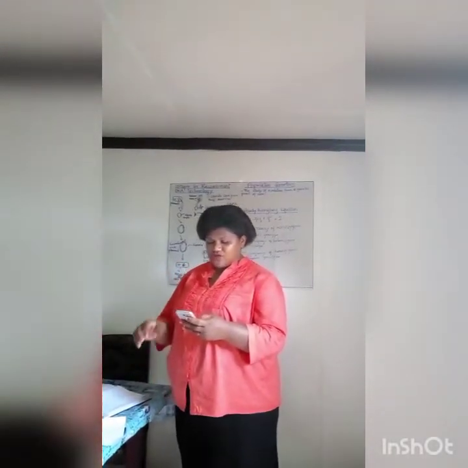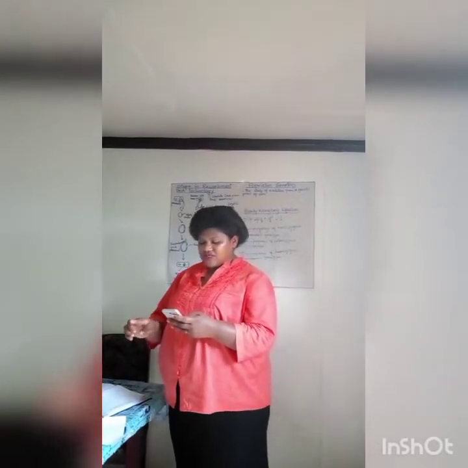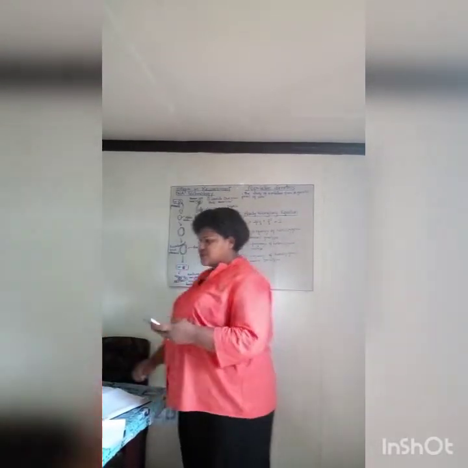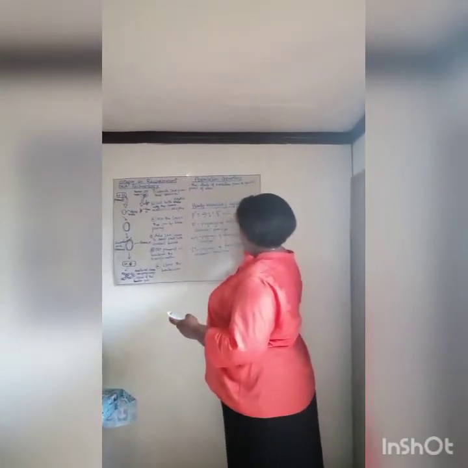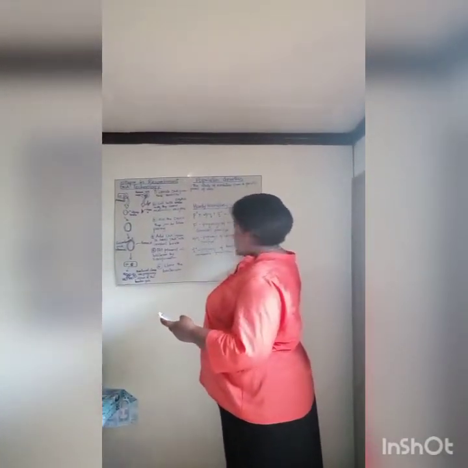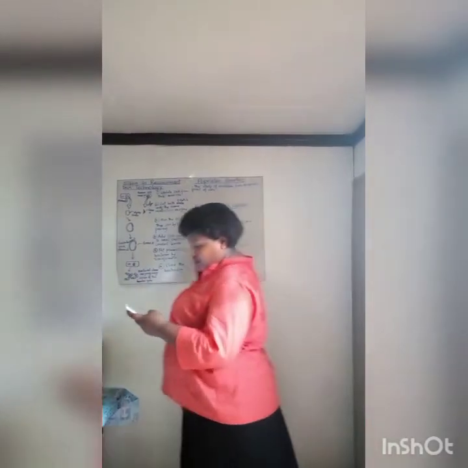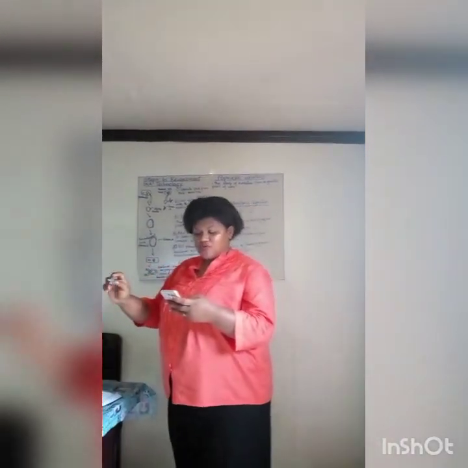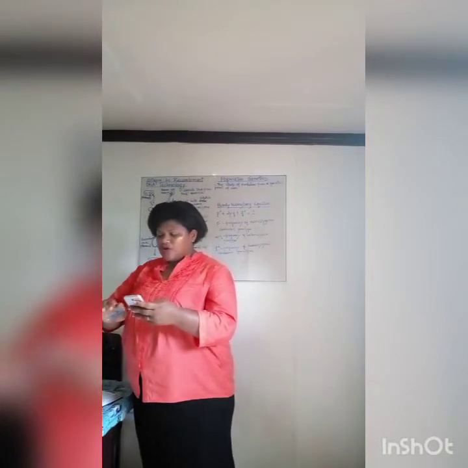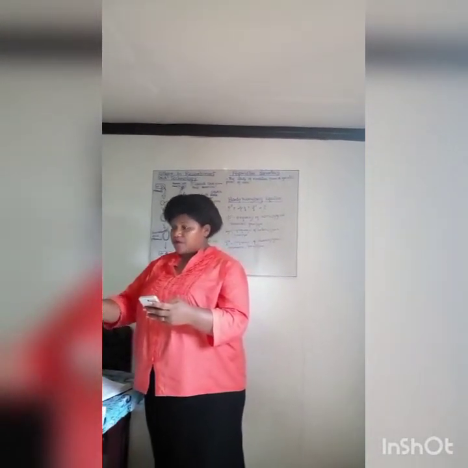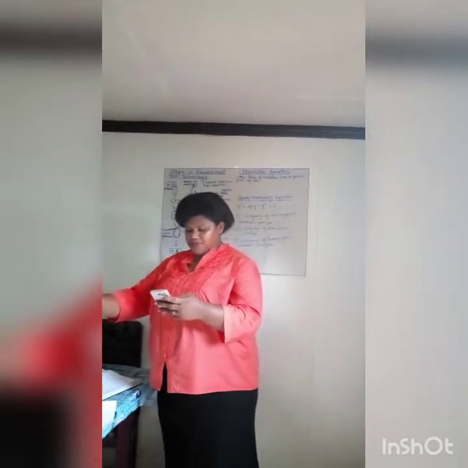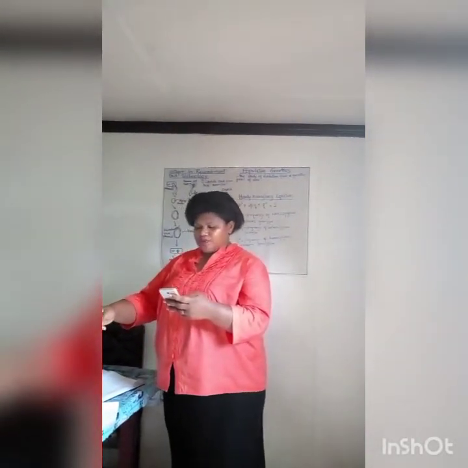So if q is 0.6, then p is equal to 1 minus 0.6, which is 0.4. And 2pq is 2 times 0.4 multiplied by 0.6, which will give you 0.48.